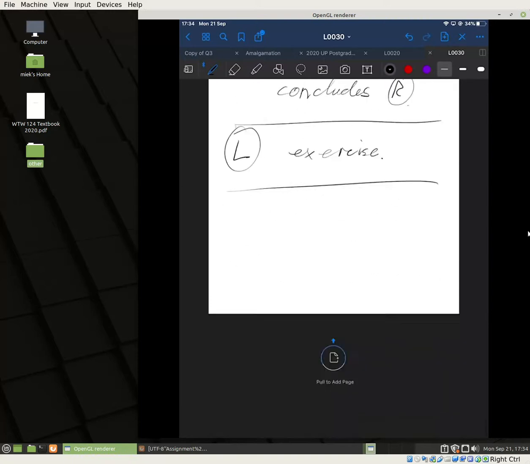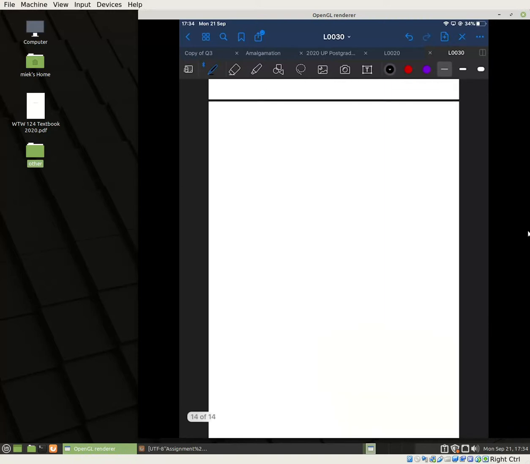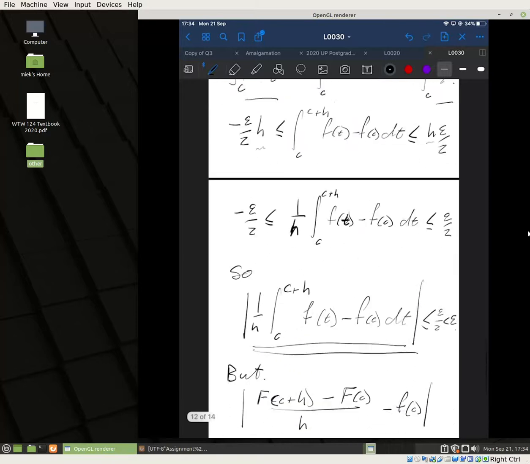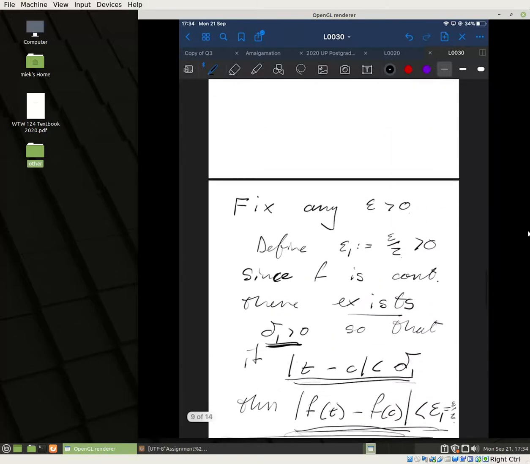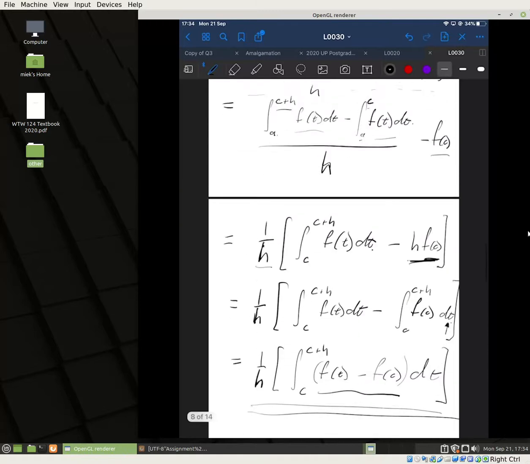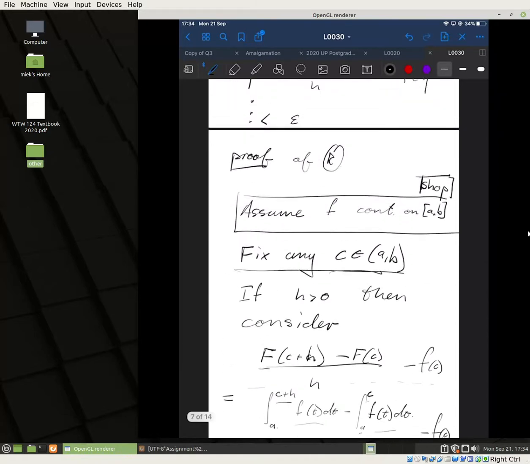And now what we should notice is, since f is differentiable on AB. So remember here when we wrote out our proof, we fixed any c.